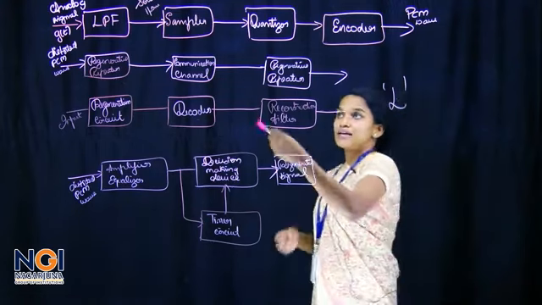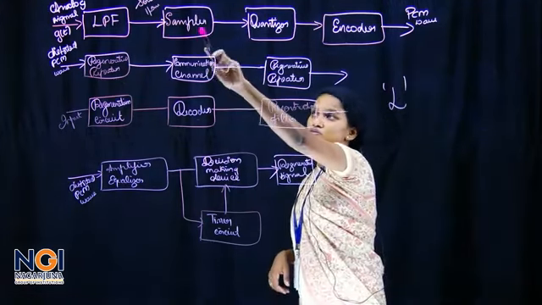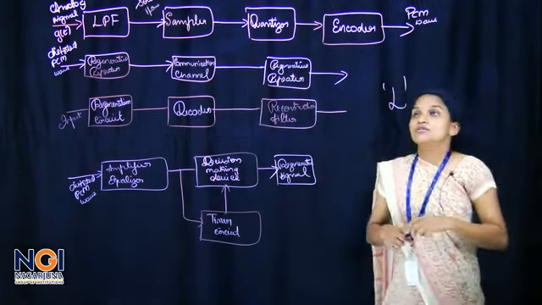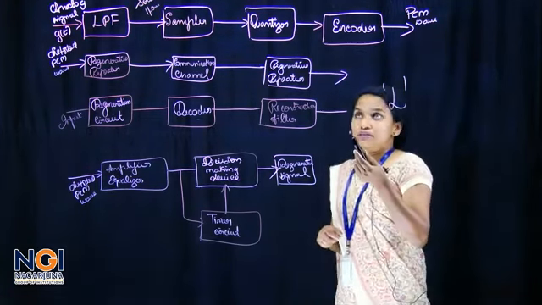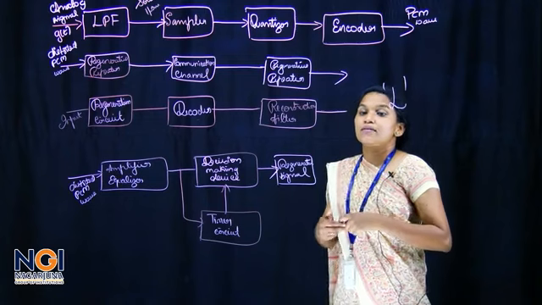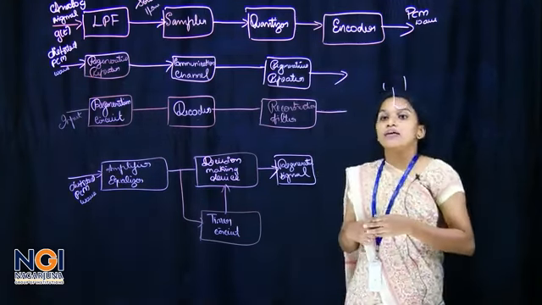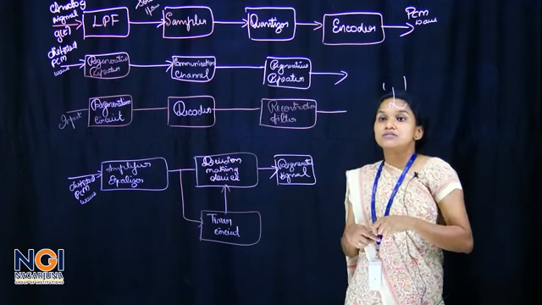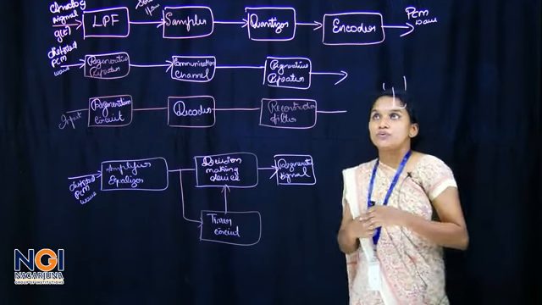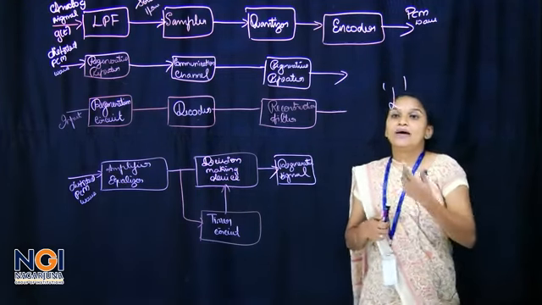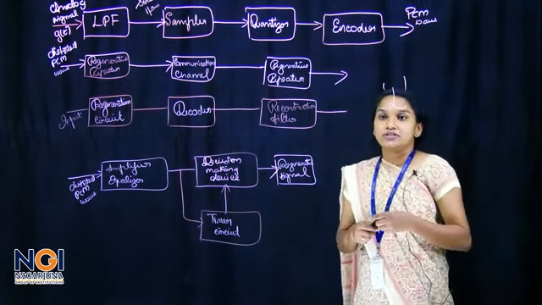Once the source information is sampled, it is sent into the quantizer. Quantization is the mapping of infinite continuous values into discrete finite values. In simple words, quantization is mapping real numbers to integers.